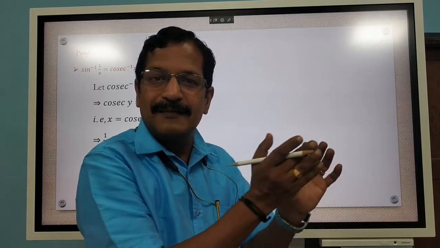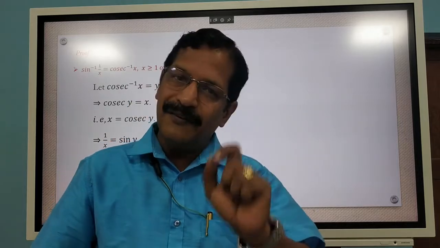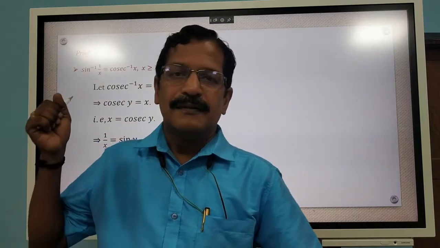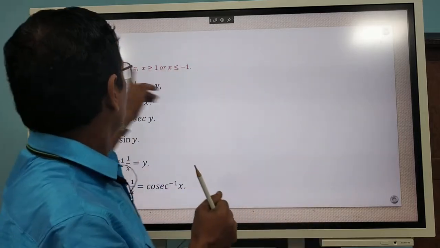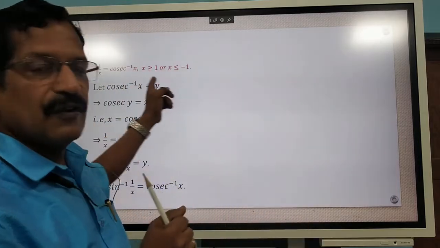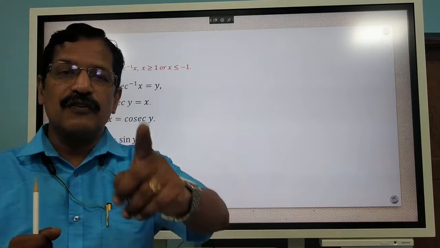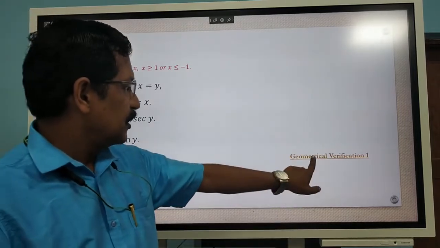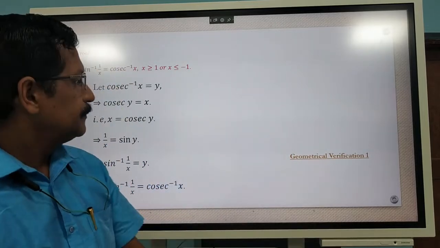But all these inverse trigonometric results can be verified with the help of graphs also. So, here I am going to discuss the graphical or geometrical verification of this result, sin inverse 1 by x is equal to cosec inverse of x.